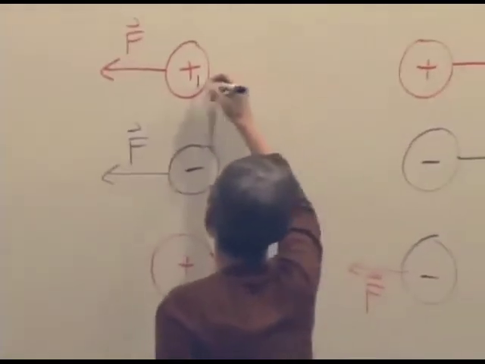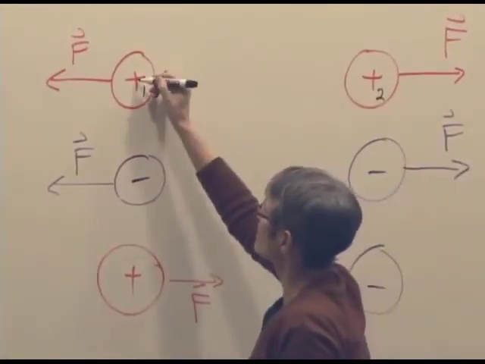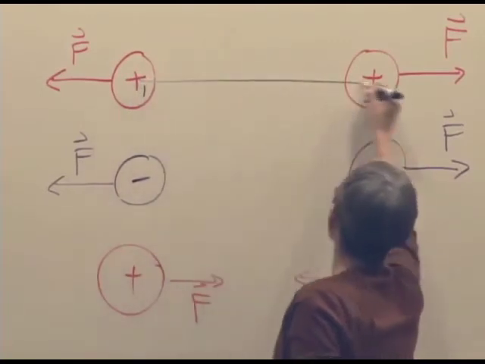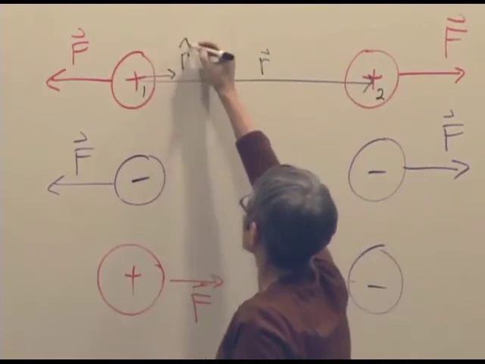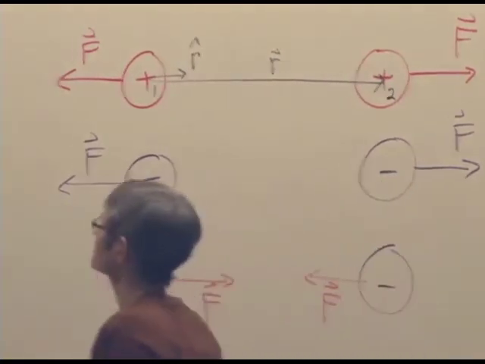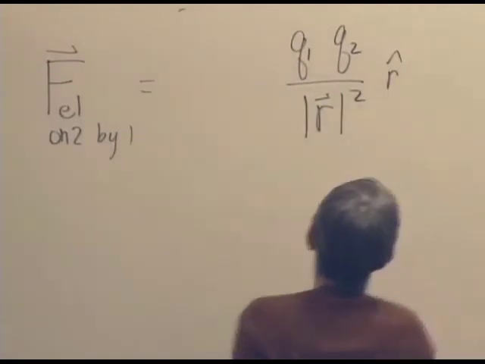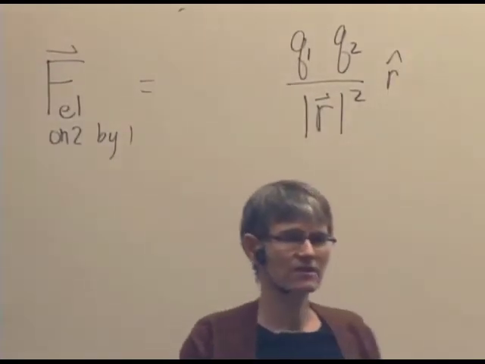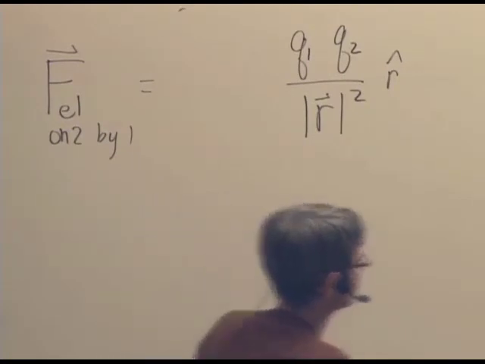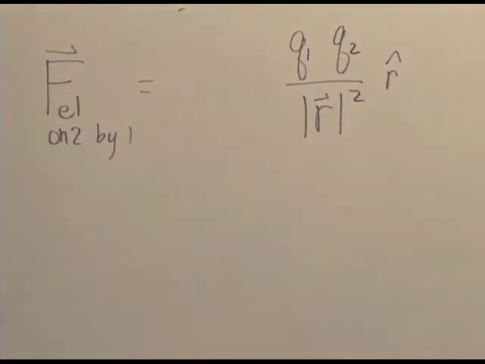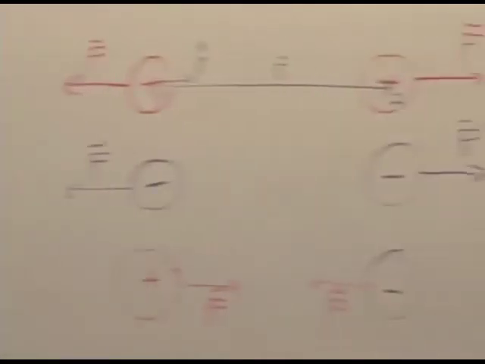So if we call this 1 and that's 2, then our vector r, we want the force, so that's r hat. So there's going to be an r hat here. There's of course a constant, and the constant in this case is a little more complicated in the way it's written than we may be used to.